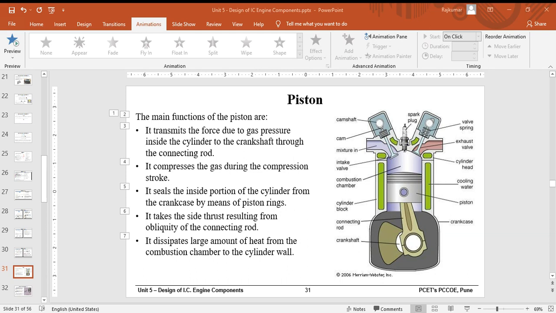That depends on the designer and the arrangement of the valves. The size of the cup also depends on the volume of the combustion chamber. So based on your design requirement, you can decide the size of the cup. Here you can see the size and how much it increases the volume.